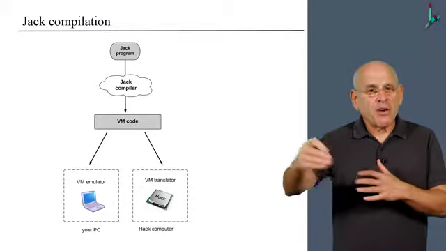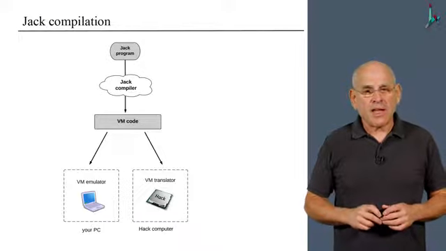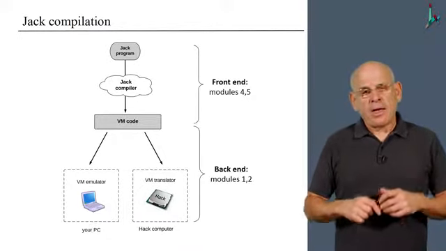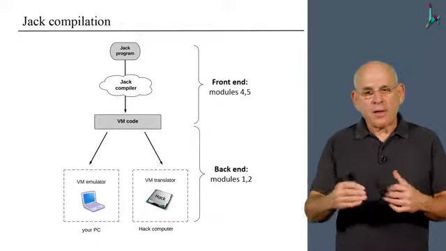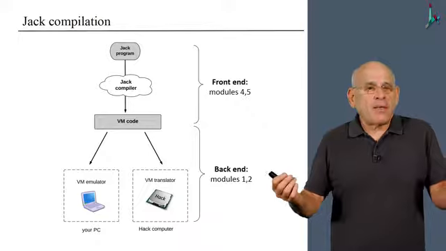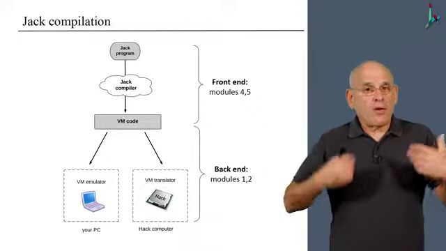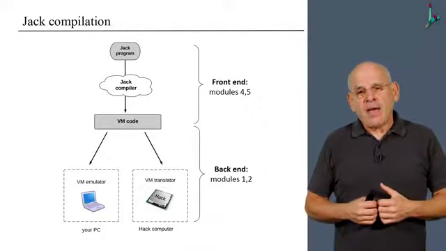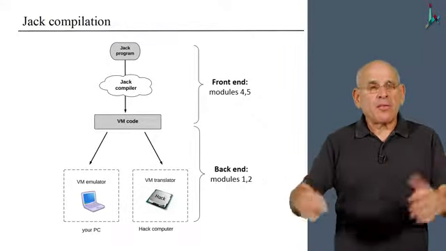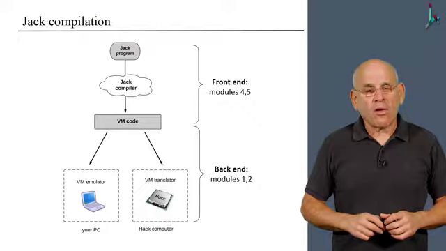But it will take us several units of instruction to get to this level. So to sum up, in this module and the next one, we are going to write the VM translator. We are going to, first of all, understand what a virtual machine is, and then we are going to implement it. And then in modules 4 and 5, we are going to write the compiler that will complete the overall compilation picture.